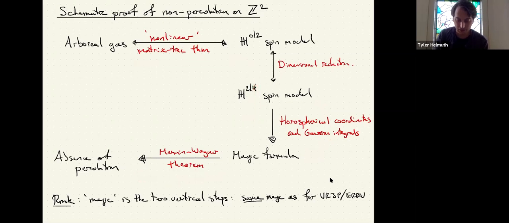Okay, so one remark is that the magic part is the vertical steps, the dimensional reduction and horospherical coordinates. And it's exactly the same magic as for the vertex reinforced jump process and edge reinforced random walk. So there's something more general going on with spin models of this type, where you seem to end up with these amazing formulas for probabilistic quantities in terms of measures involving powers of determinants of the Laplacian.